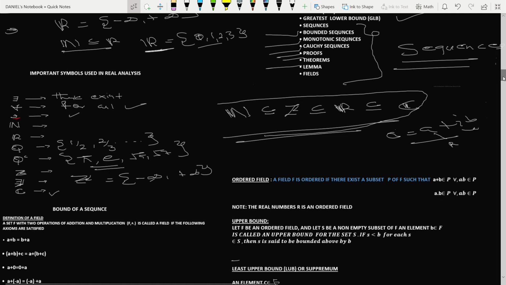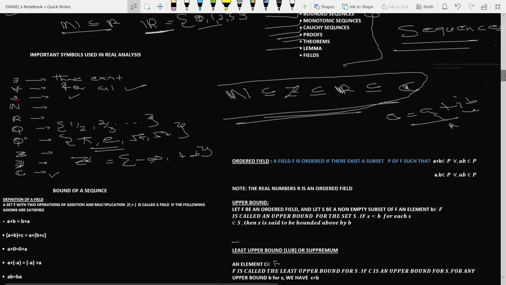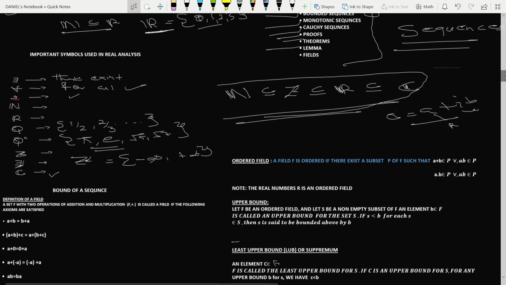Now, one important aspect that must be dealt with is the closure property. Now we have what we call the commutative law, the associative law, the identity law, the inverse law, and so on, and the closure law or the closure property.